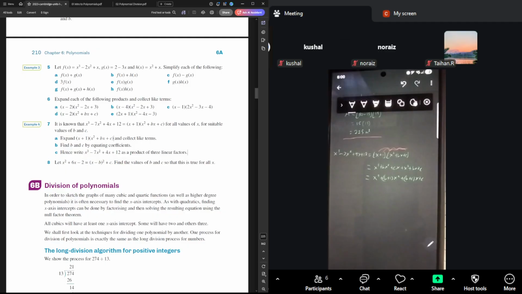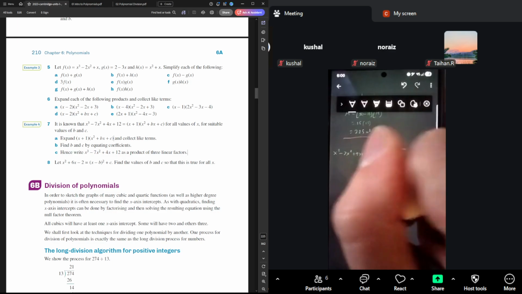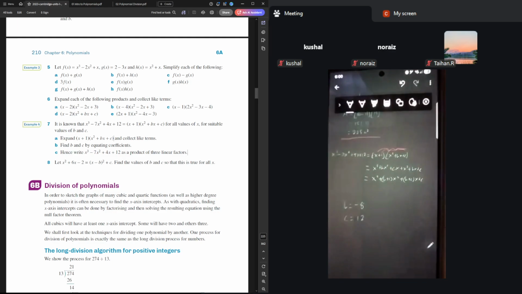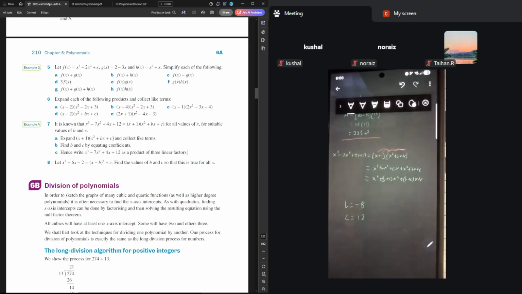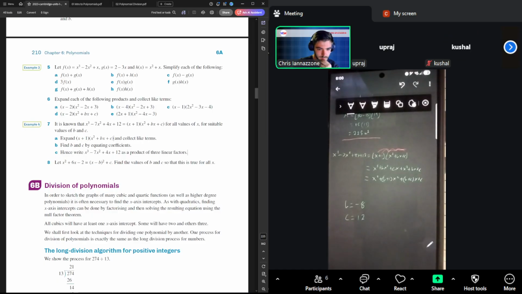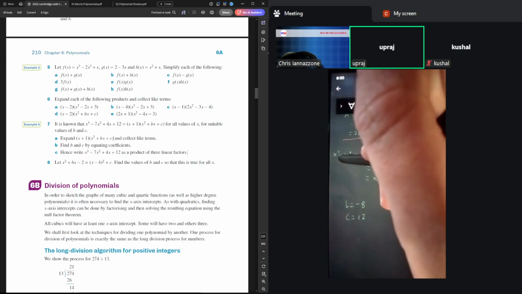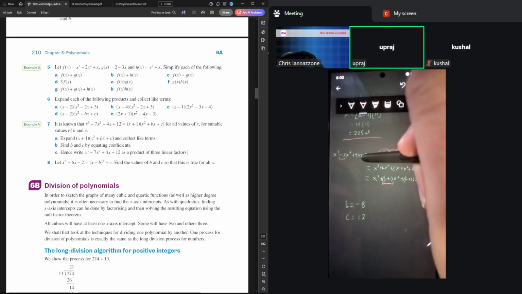b is negative 8 and c is equal to 12. Yep, those are both going to be correct there. So b negative 8, c 12. Where do those come from? b plus 1 equal to negative 7, and c was pretty straightforward because it's just the constant. Yeah, that's right.